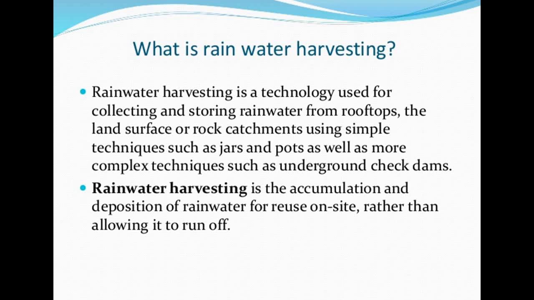It's basically a technology from where we are collecting and storing the rainwater. So all the rainwater which is coming up is not just going into the rivers or anywhere else. We can store it as well and collect that rainwater from rooftops or the land surface area or rock catchments using simple techniques from our day-to-day lives, like jars and pots, or some complex techniques as well, such as groundwater check dams.